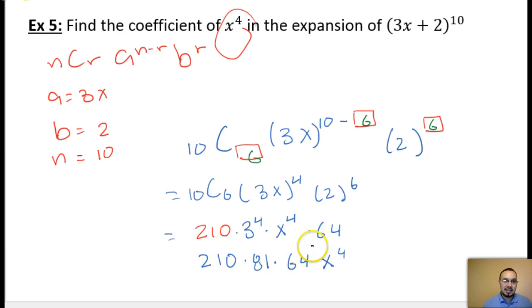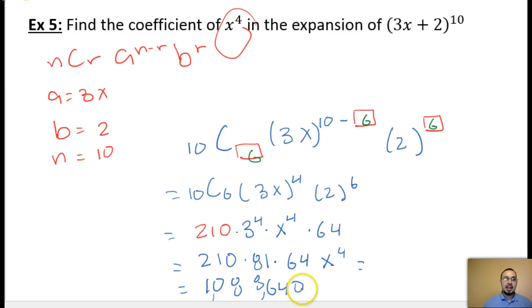So then I just multiply these numbers out. I get 210 times 81 times 64.